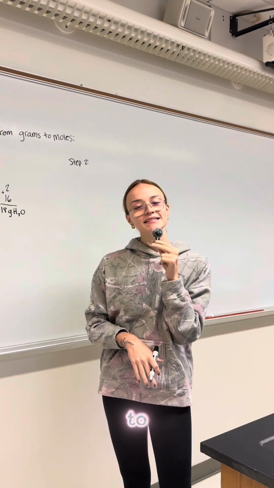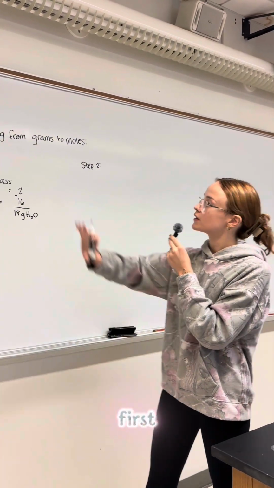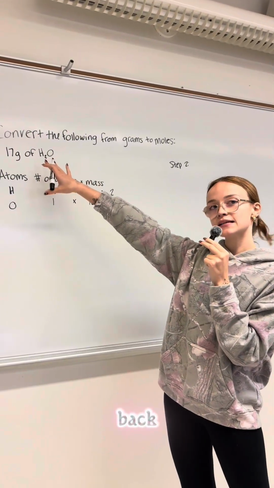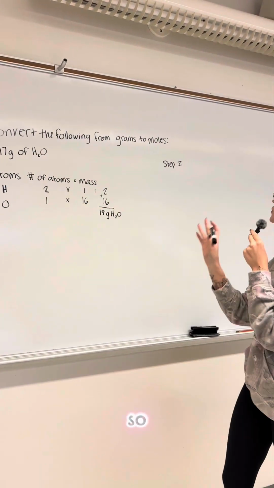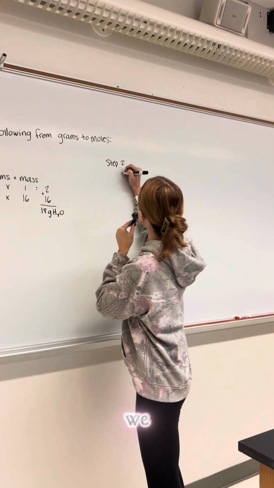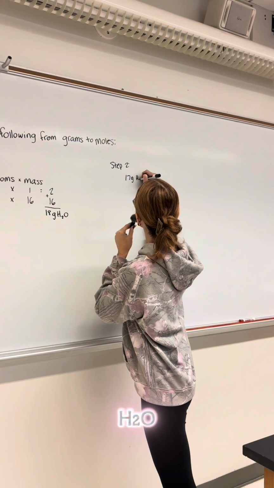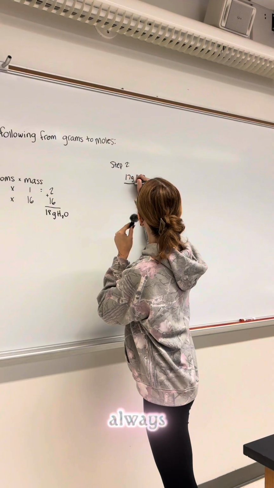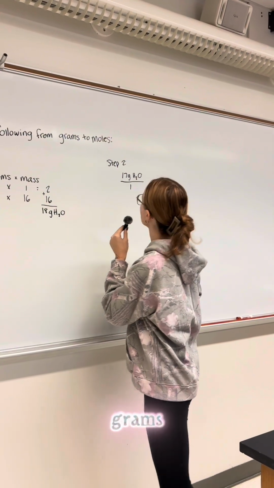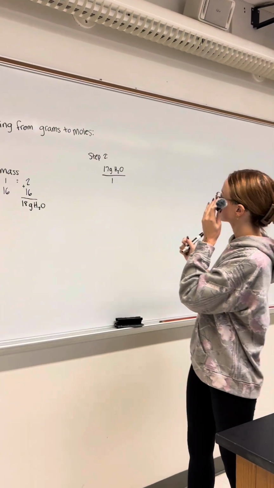Okay, so now we're moving on to step 2. We were given the 17 grams. First things first, we take the 17 grams of H2O, and we always divide whatever amount of grams we were given by 1.